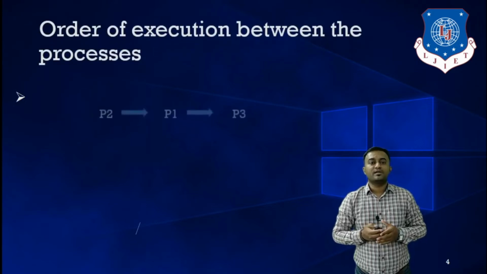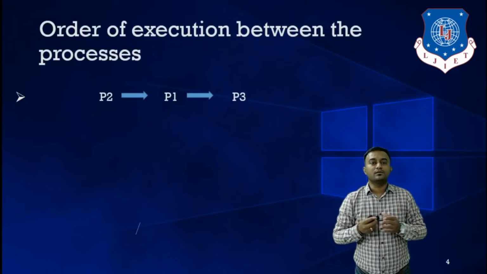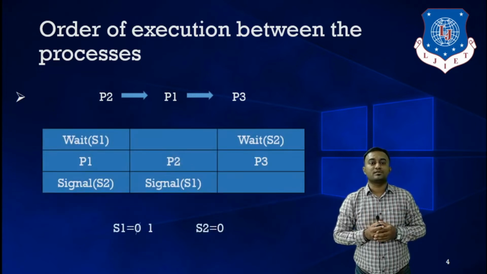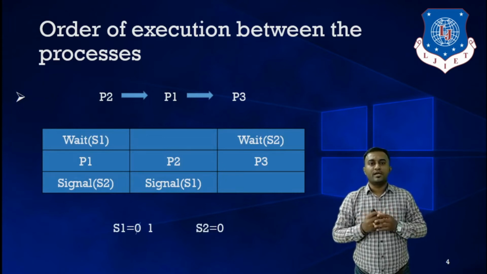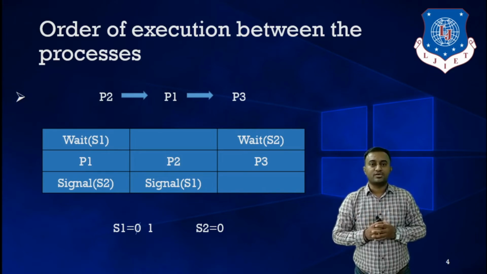In this particular session, we are going to discuss the second application of semaphore, the order of execution between the processes. Suppose in a multi-programming operating system, you know very well there are multiple processes which are ready for execution, located in main memory, and waiting for resources for execution.